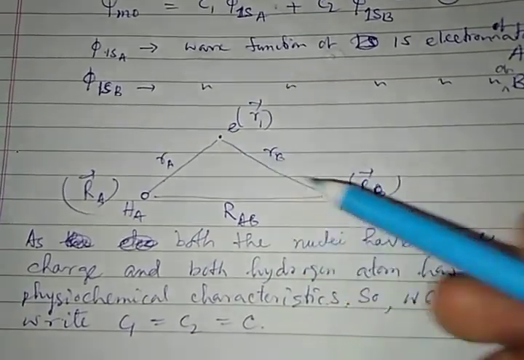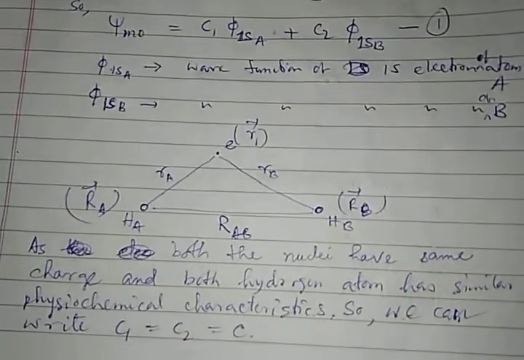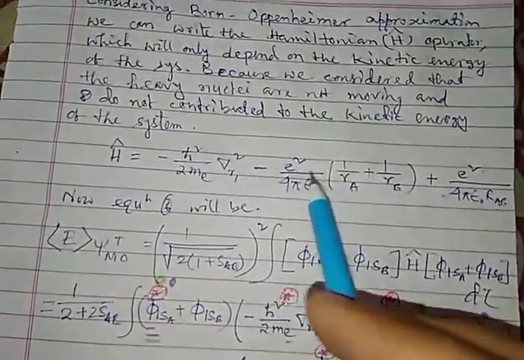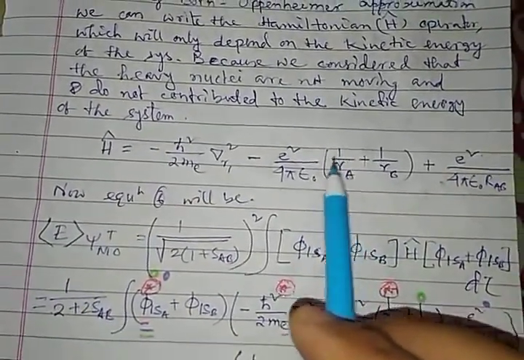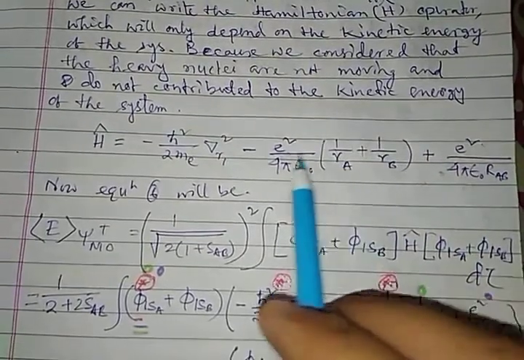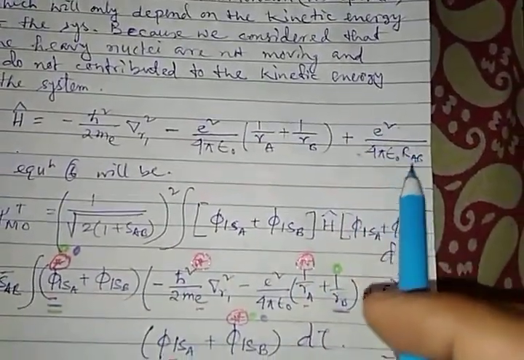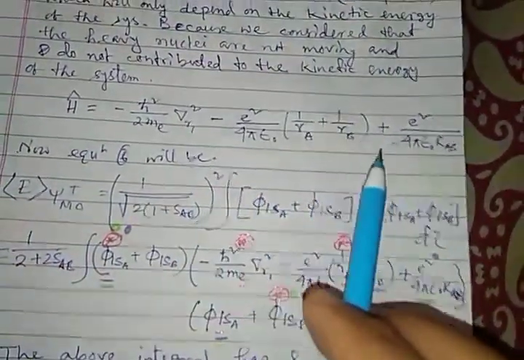Again for this electron and this nucleus B, there will be attractive energy. So both will be negative terms, and that will depend upon the distance between this electron and the nuclei A and B. So that will be the expression for the attractive energy. Then we have an additional term which represents the internuclear repulsion term. That is also a potential energy term. That will be the Hamiltonian for the system.